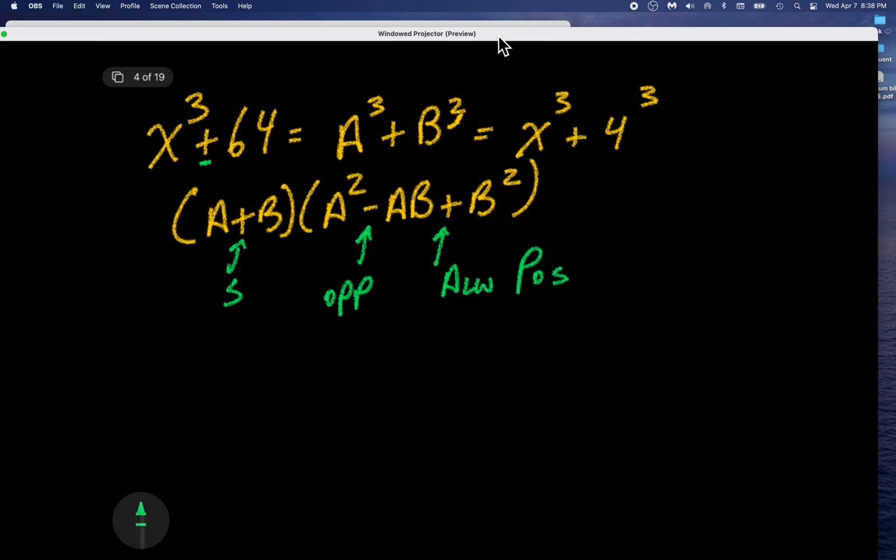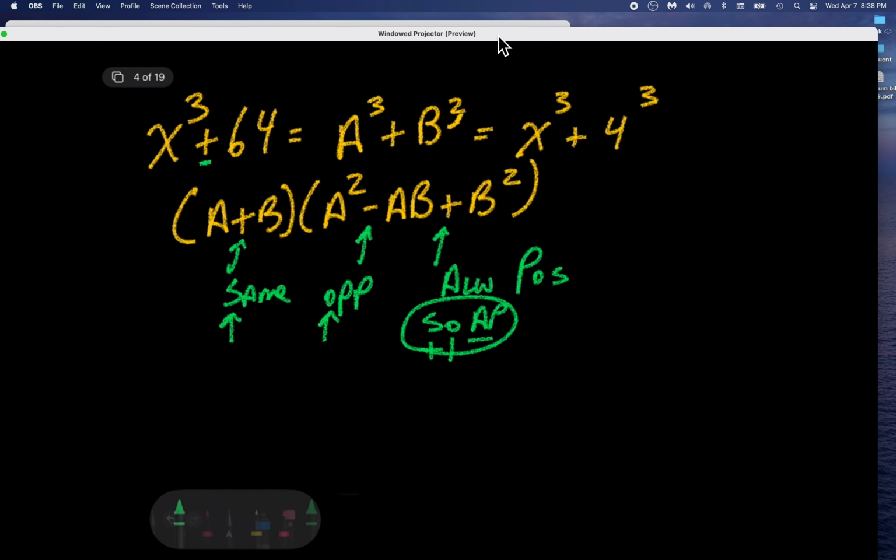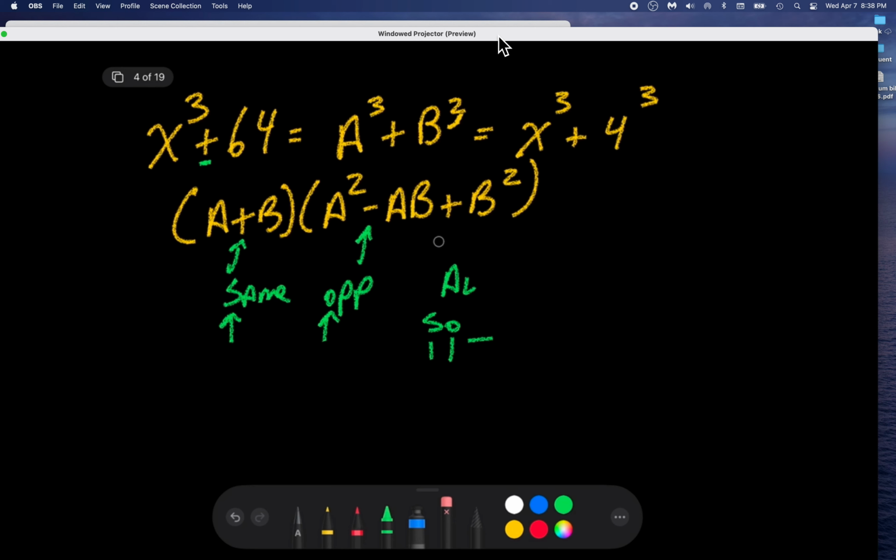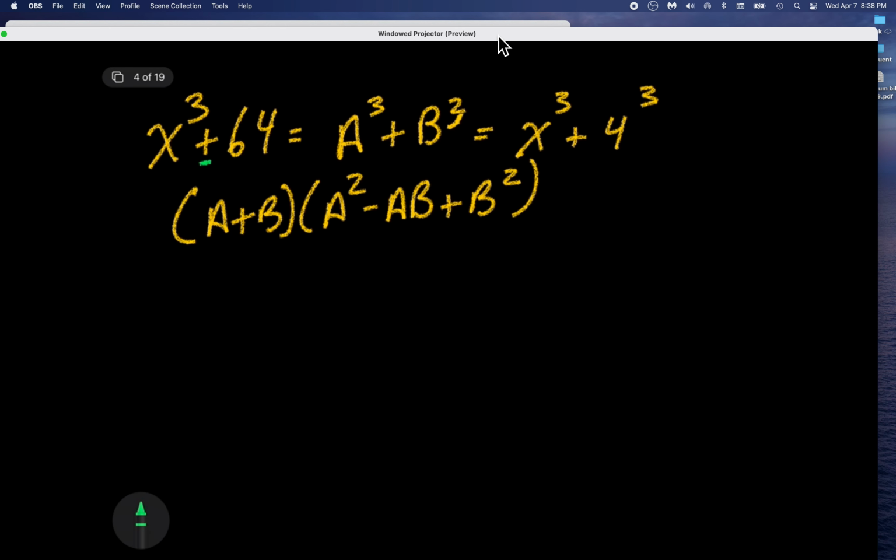So the way I remember it is S-O-A-P, or SOAP. Same, opposite, always positive. Let's plug in our numbers for this particular problem. Here, a is going to equal x, and b is going to equal 4.